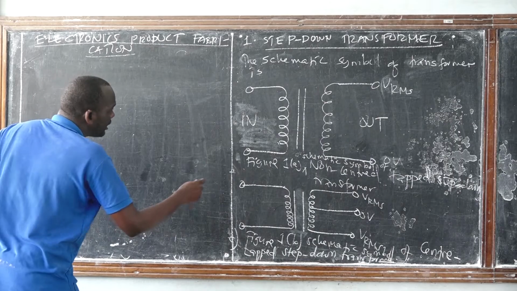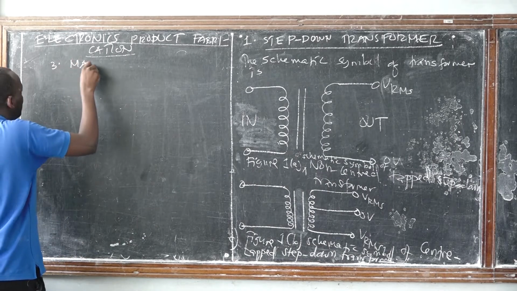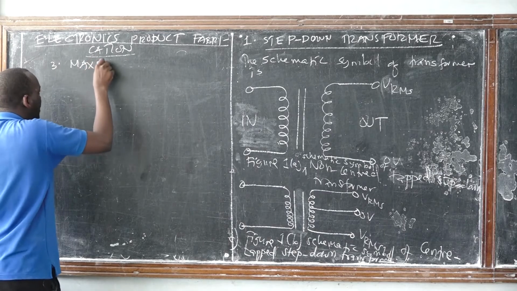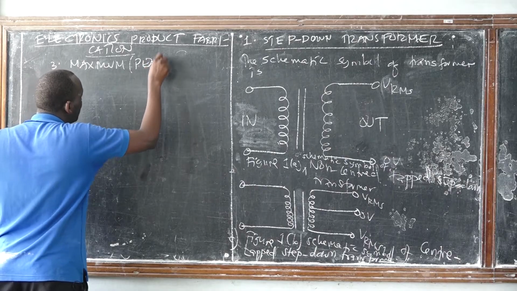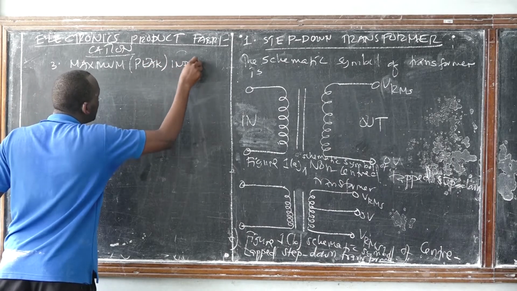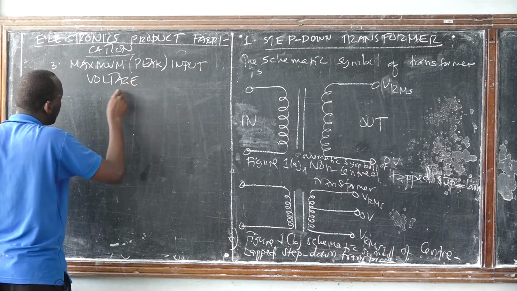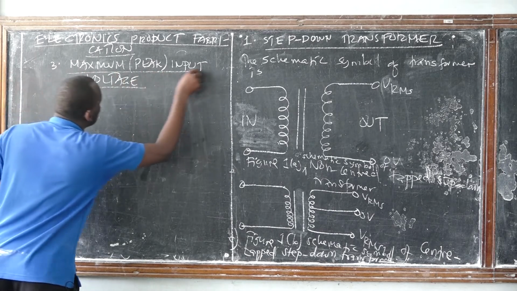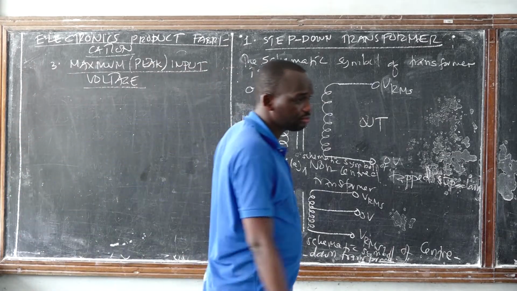The third input parameter is called the maximum or peak input voltage. This one is not written on the top of the transformer, but you sometimes have to know it because it might help you.